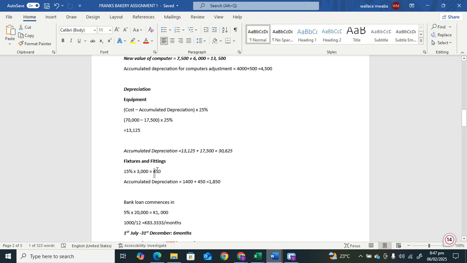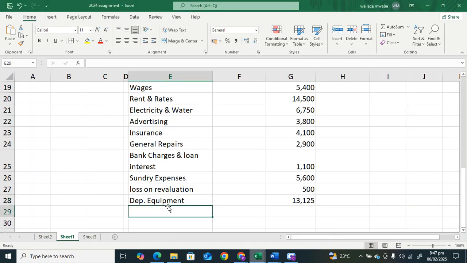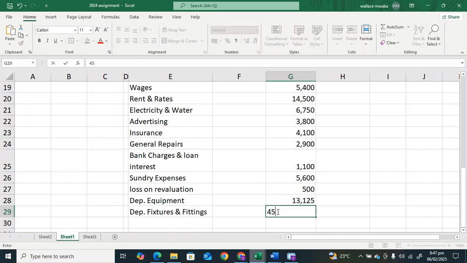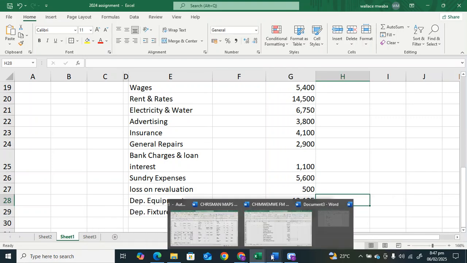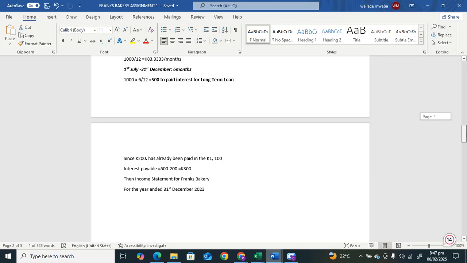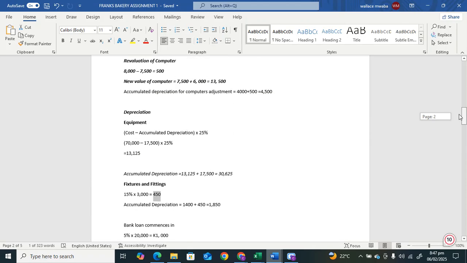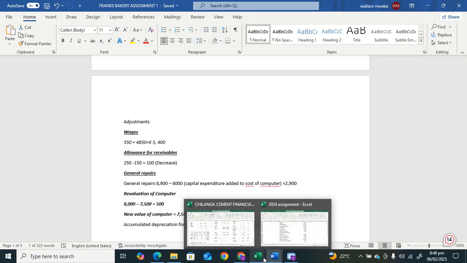Depreciation, fixtures and fittings, 450. If I'm not mistaken, I believe that's all the expenses.